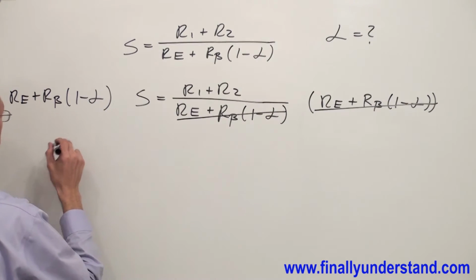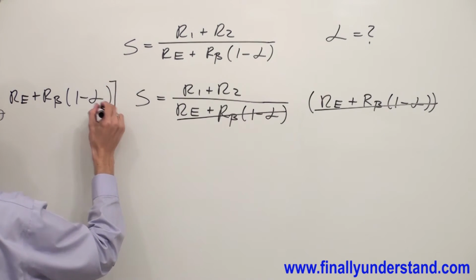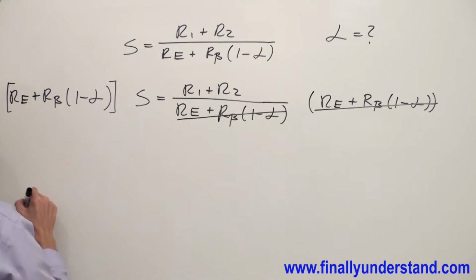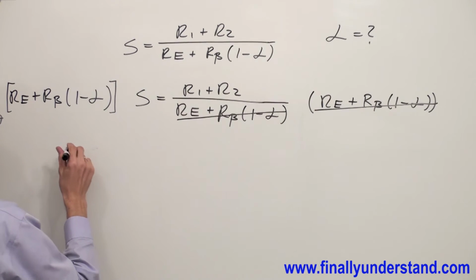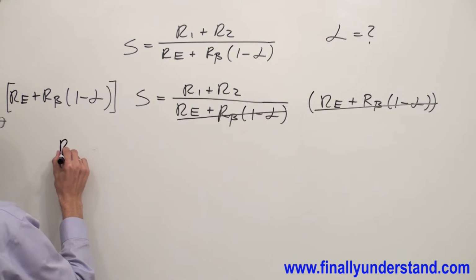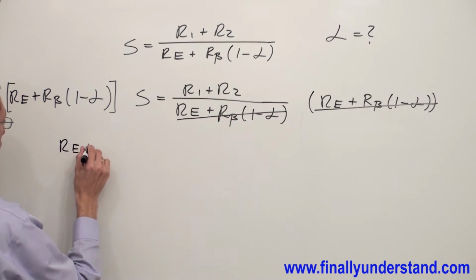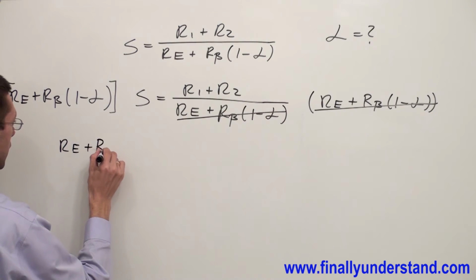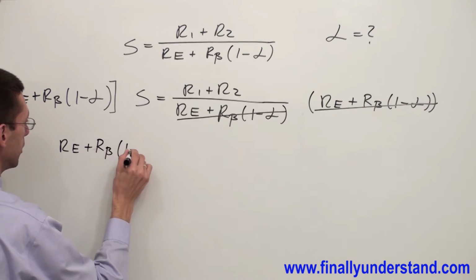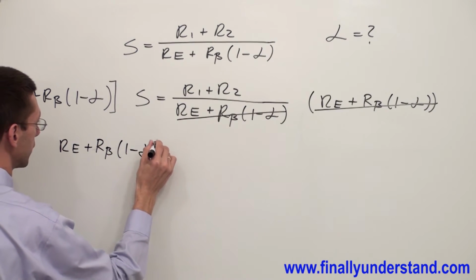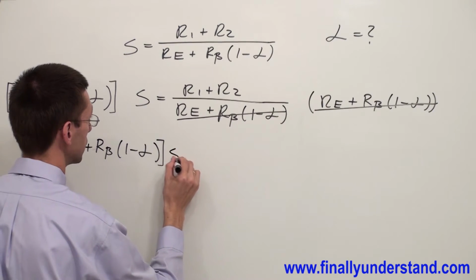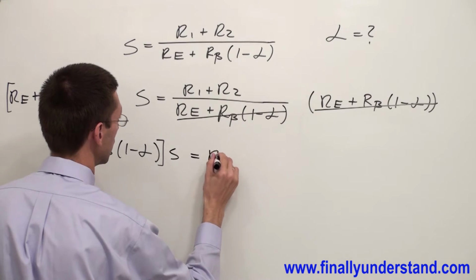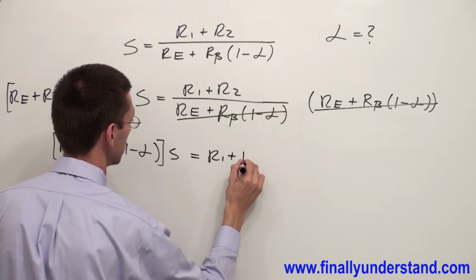So I'm going to have, and I can also add some brackets just to make that different, Re plus R beta (1 minus alpha), okay, times S equals R1 plus R2.